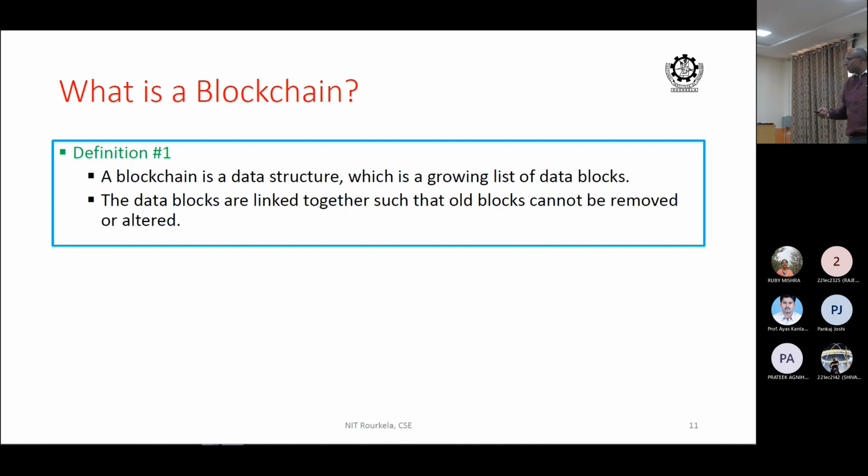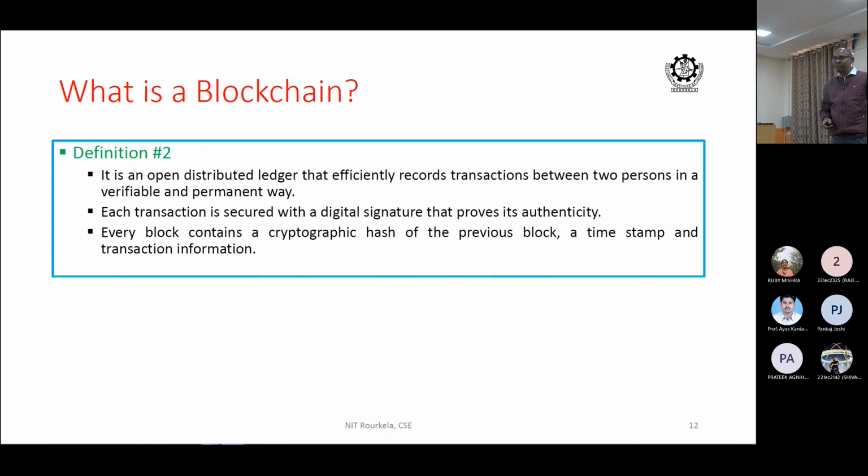So let's look at the second definition. Blockchain provides a transparent distributed ledger. It's an open distributed ledger that efficiently records the transaction between two persons in a verifiable and permanent manner.